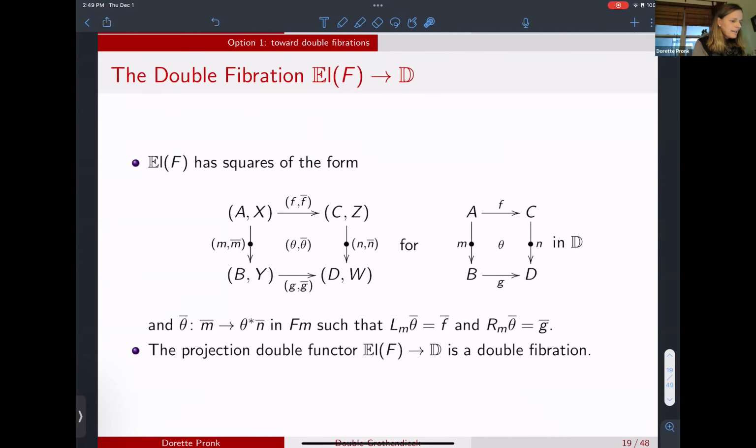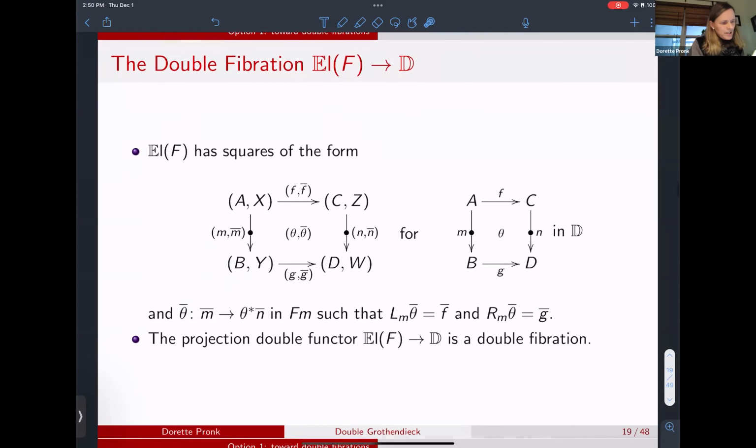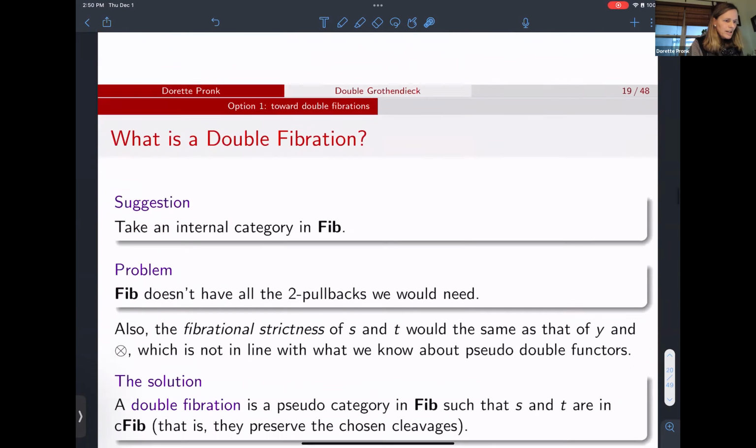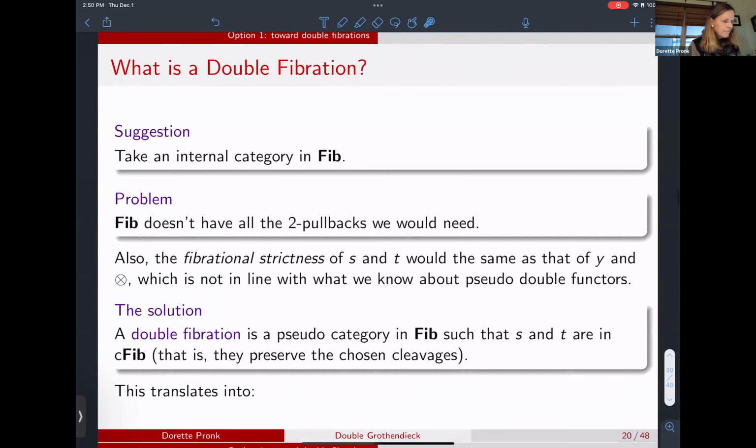And LM of theta bar has to be F bar, RM of theta bar has to be G bar. It's the same kind of thing going on. So this has a projection down to D, just going to the first coordinates, and this is what we'll see as our canonical example of a double fibration.